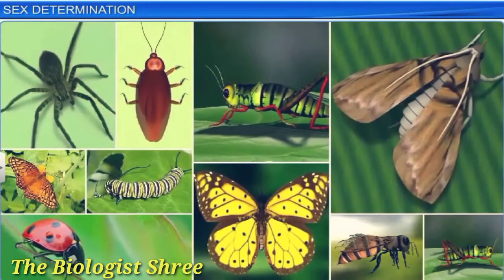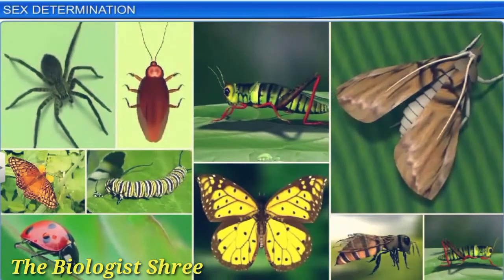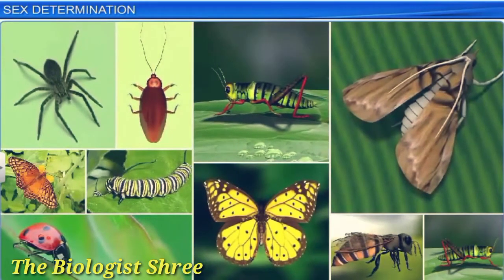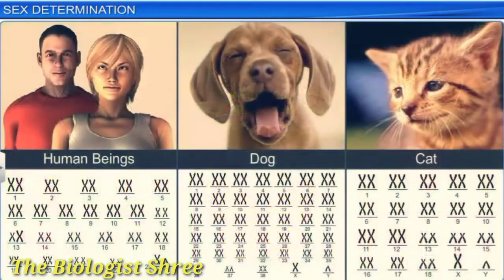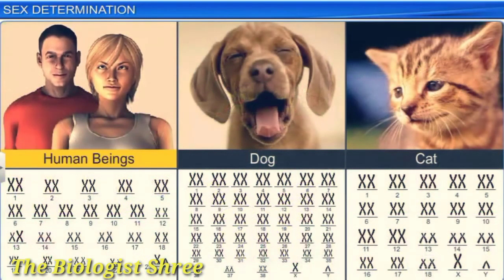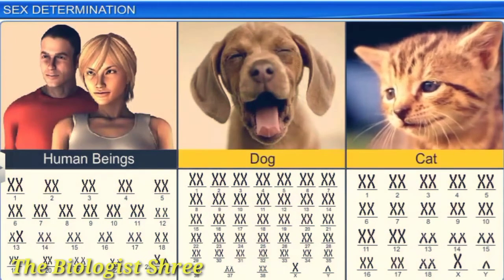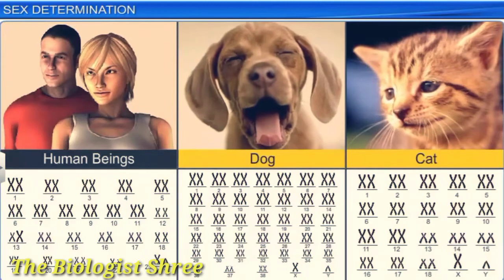In fact, the development of the chromosomal theory of sex determination took place through cytological studies carried out on insects. Today, sex determination in human beings and several other animals is done with the help of specific chromosomes.